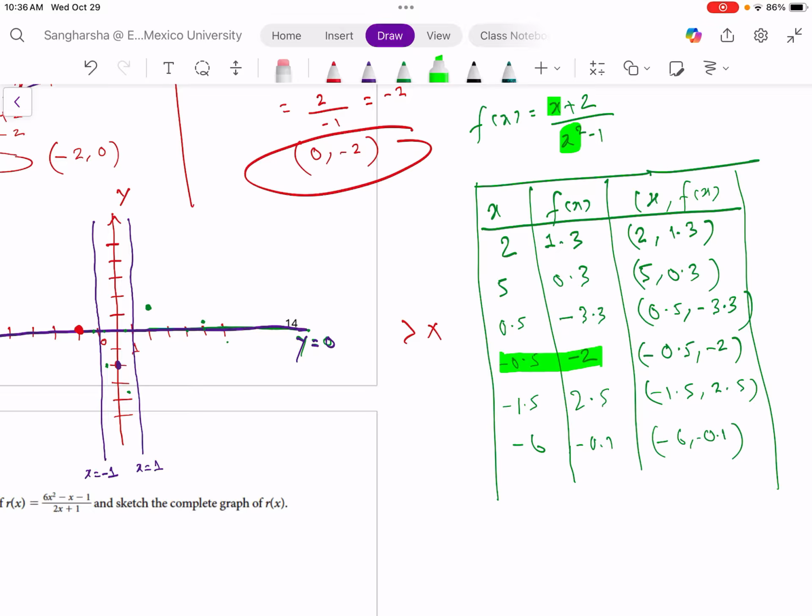Let's see. So we have negative 0.5 plus 2, that is positive 1.5, divided by negative 0.5 square, that is positive 0.5, no, positive 2.5. I got negative 1.2.